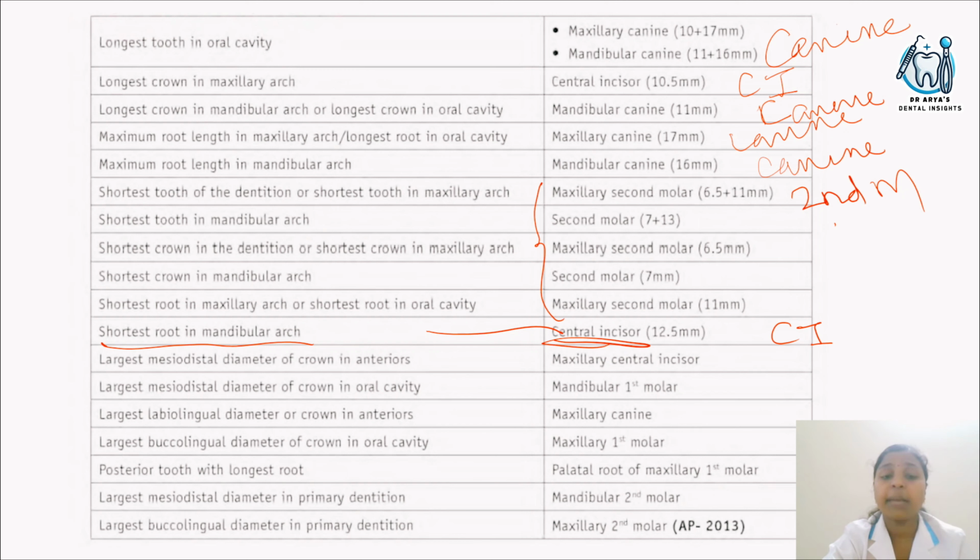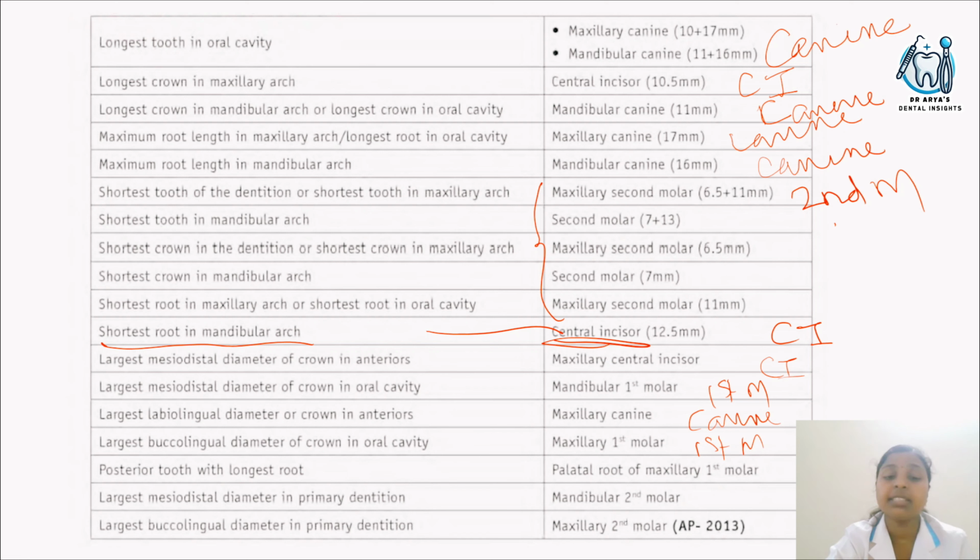Largest mesiodistal diameter of crown in anteriors is maxillary central incisor. Largest mesiodistal diameter of crown in oral cavity is mandibular first molar. Then largest labiolingual diameter in anteriors is maxillary canine, and in oral cavity it is maxillary first molar.